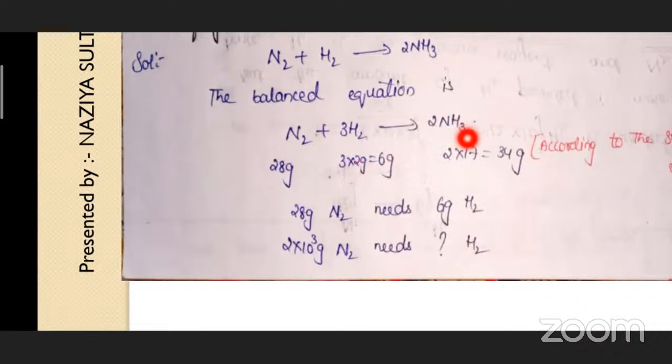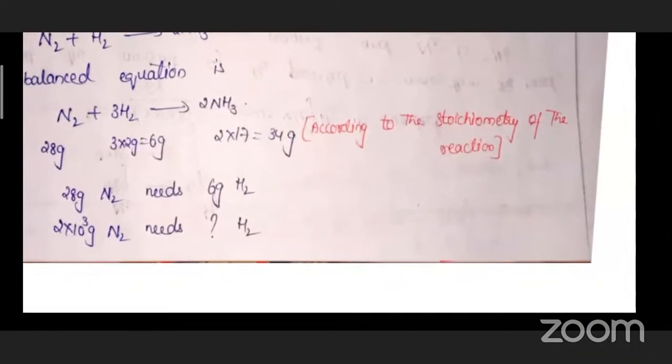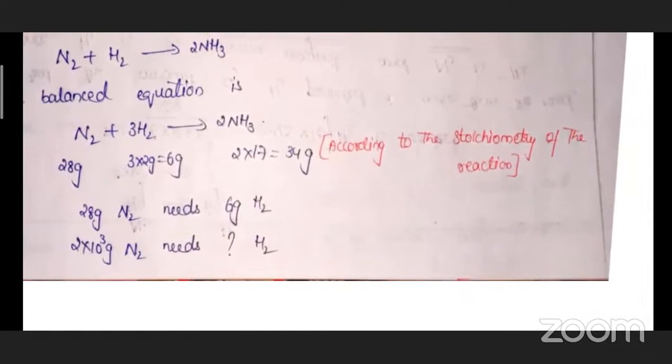And 2 ammonia: each ammonia weighs 17, so 2 into 17 gives 34 grams. This is according to the stoichiometry of the reaction: 28 grams of nitrogen should react with 6 grams of hydrogen to produce 34 grams of ammonia.